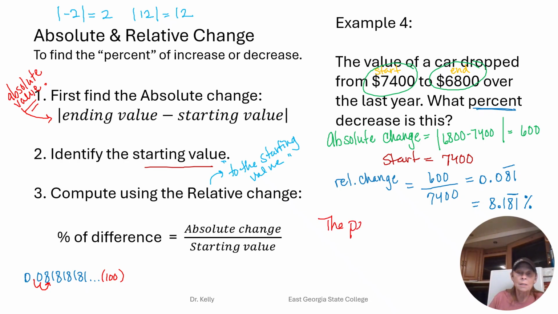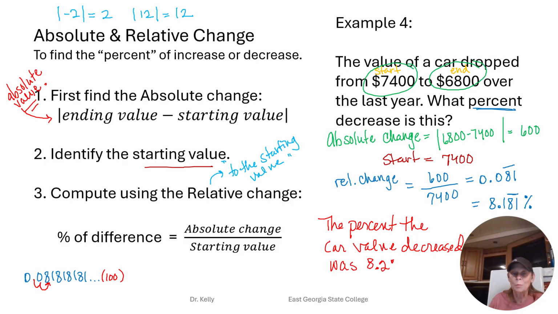The percent the car value decreased was 8.2%, because what I did is I just rounded that up. Okay? And that is very satisfactory.